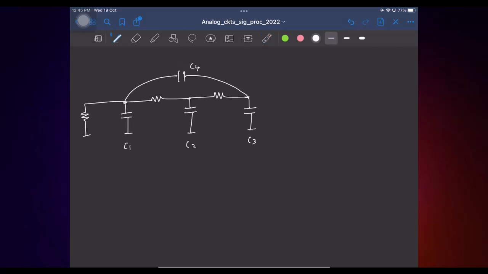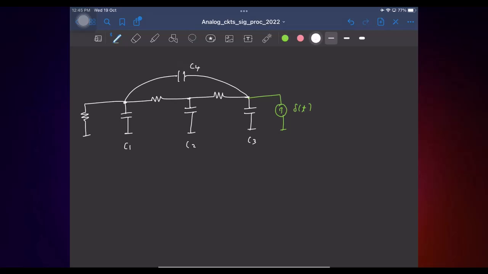So now let's see what happens. I will have to apply an impulse current. Where will this impulse current flow? We have to short all the inductors. Basically, at t equal to 0 plus, only the capacitors are going to be taking in the current.